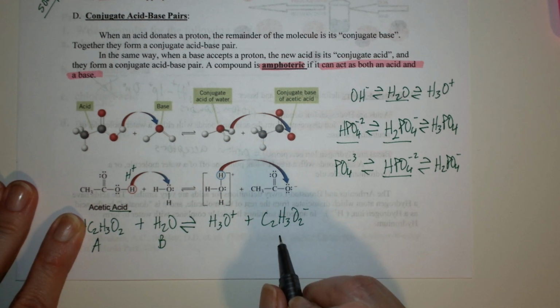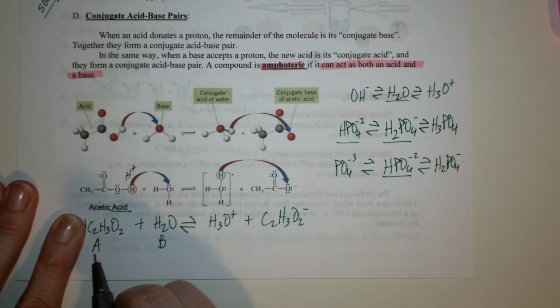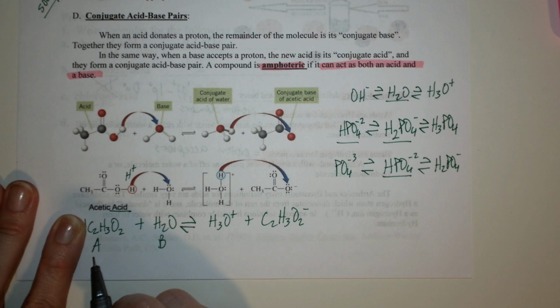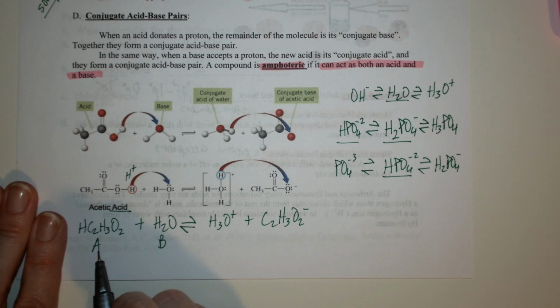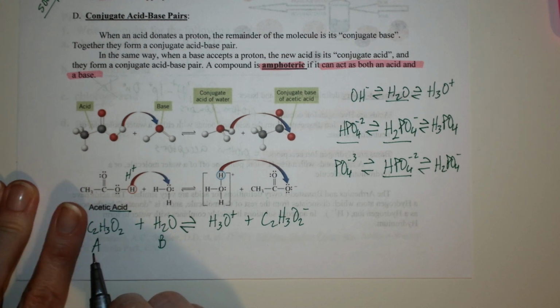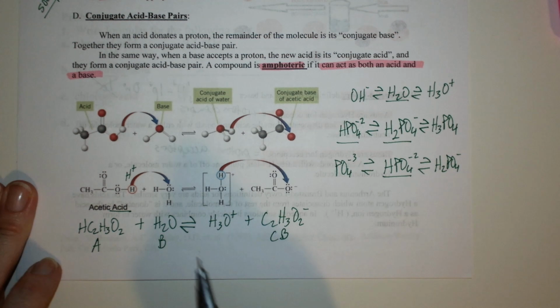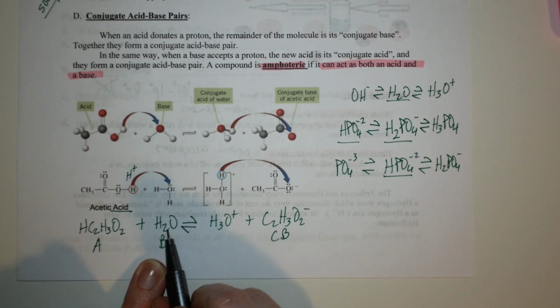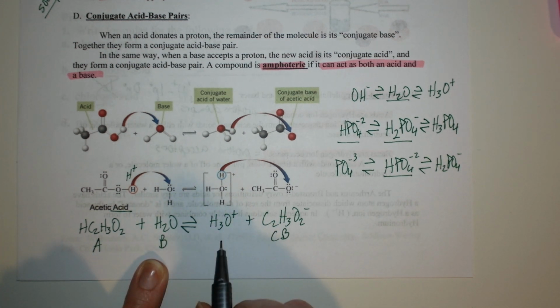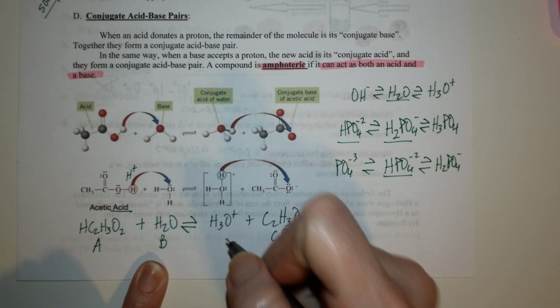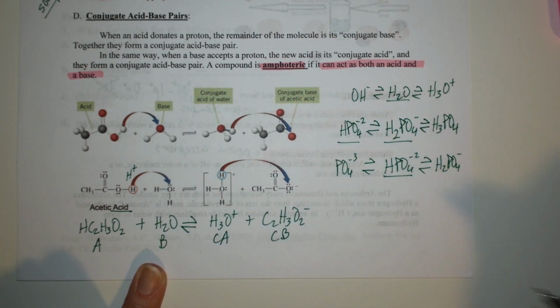This becomes the opposite of this. It becomes a base. So if acetic acid was an acid, the anion that's left over after the hydrogen leaves is the conjugate base. The base gains a hydrogen, so it becomes the opposite of a base. It becomes the conjugate acid.